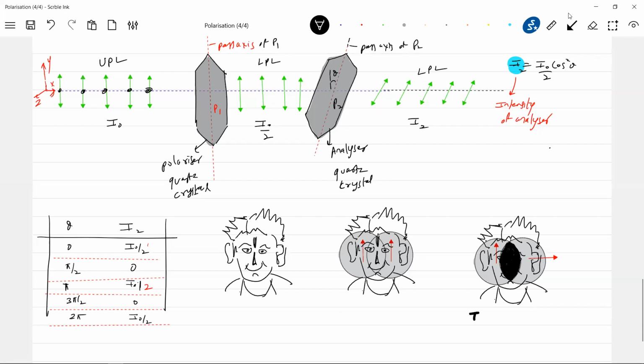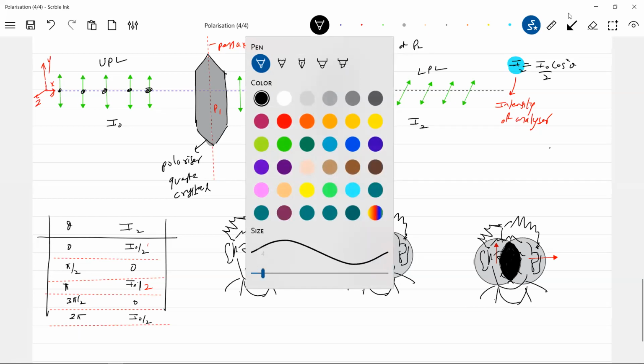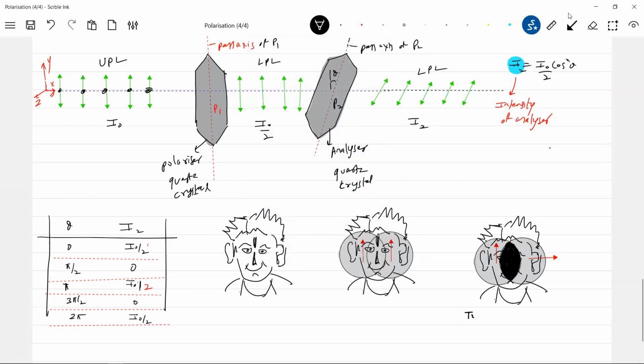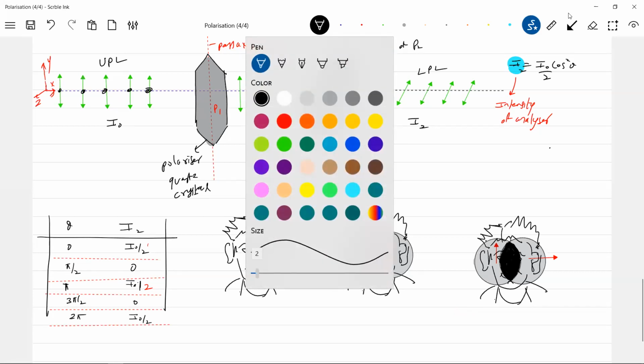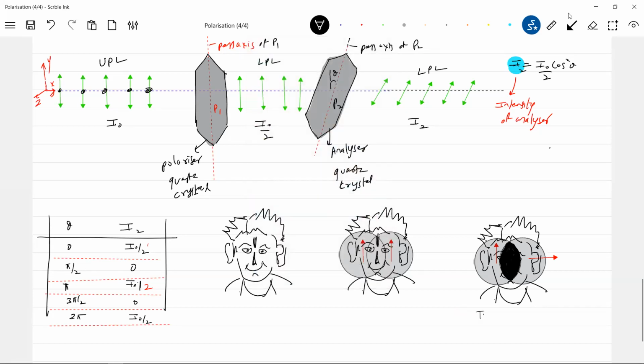So what is this one? Two polaroids, crossed normally.